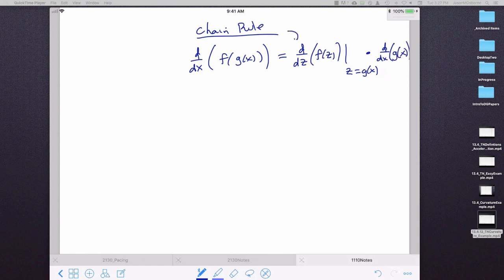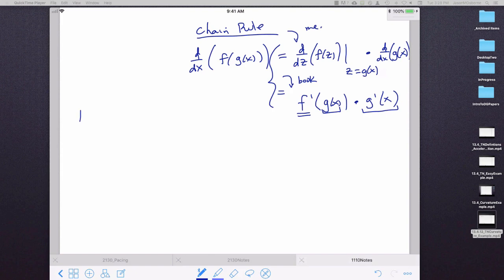This is the way I like to write it. Okay? Just preparing you that if you also like the book's method, what the book is going to write is f prime g of x multiplied by g prime of x. This says take the derivative of the outer function, substitute in g of x, then multiply by the derivative of the inner function. What we are saying is the same.